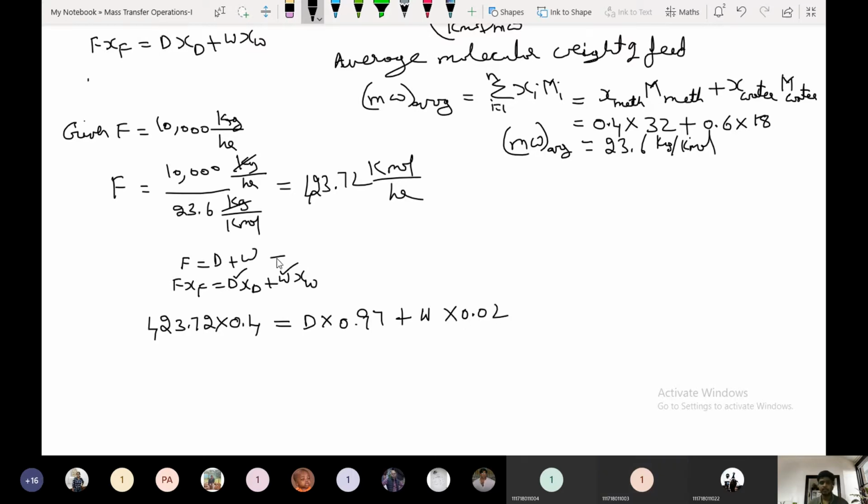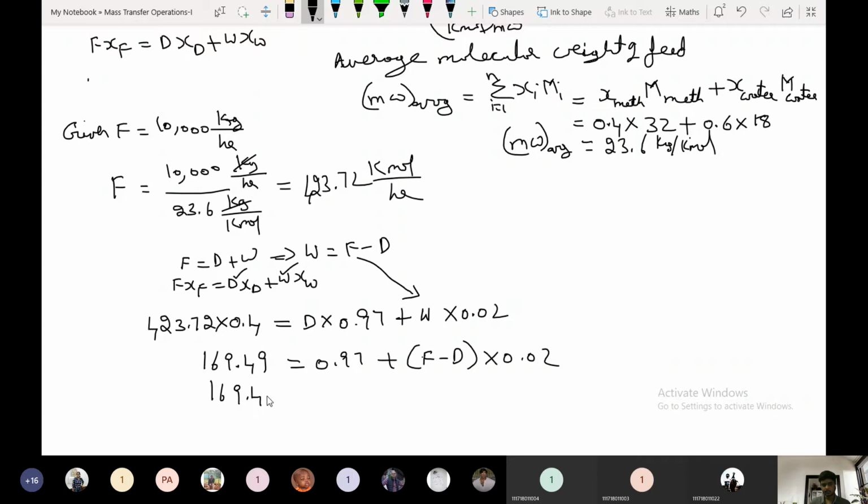From this equation, we can write W is equal to F minus D, and substitute it here. So 423.72 into 0.4 is 169.49. This equals 0.97 D plus (F minus D) into 0.02.